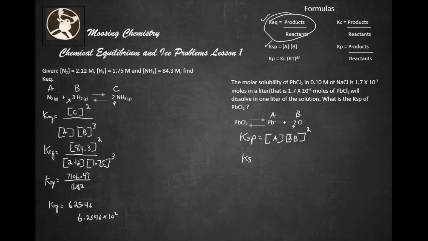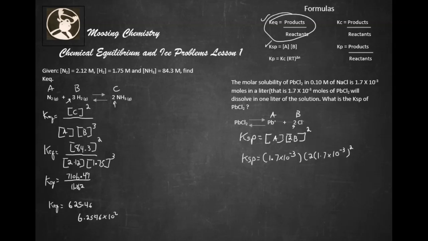So this will give me Ksp equals 1.7 times 10 to the negative third, times 2 times 1.7 times 10 to the negative third, squared. Pretty darn cool, huh?